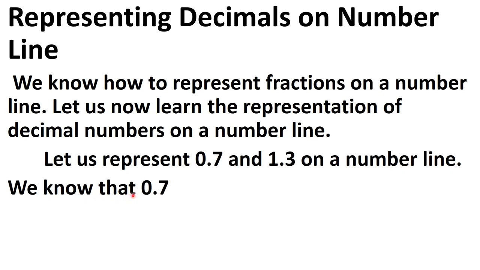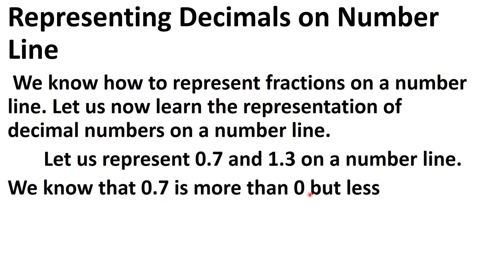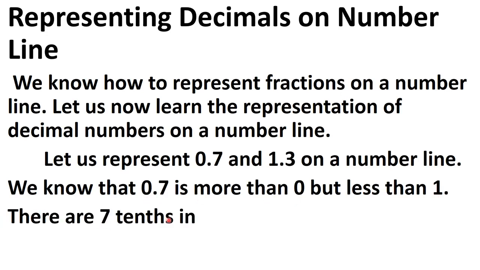We know that 0.7 is more than 0 but less than 1, because the whole number here is 0. So it is more than 0, 7 upon 10 parts more, isn't it? There are 7/10 in 0.7.